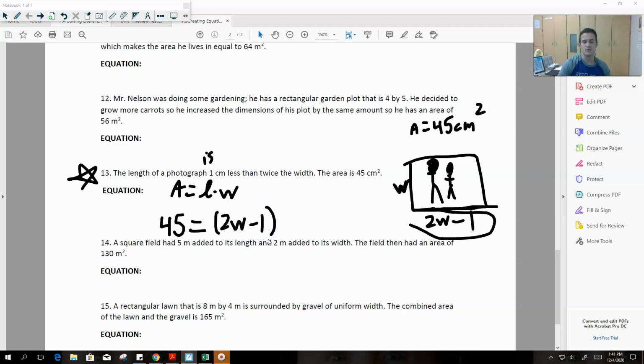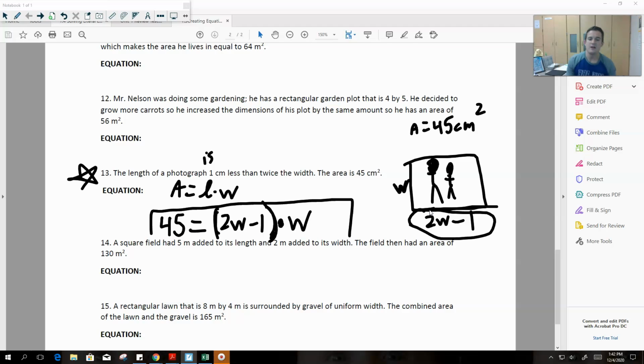The length is 2W minus 1 multiplied by the width, which is W. So this one doesn't require me to solve. Later on in Math 2, we talk about how we're going to be able to solve equations like this. But I have 45 equals 2W minus 1, in parentheses, multiplied by W.